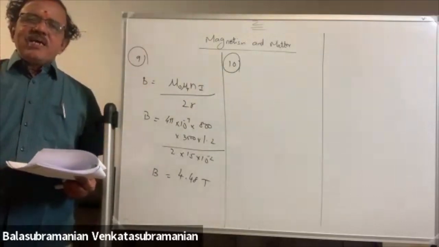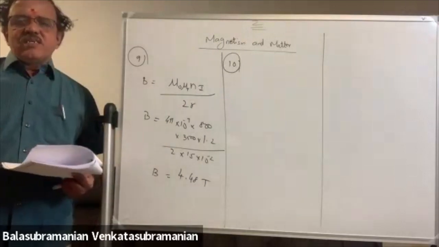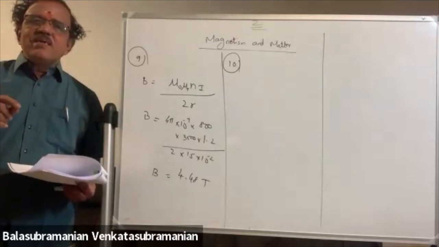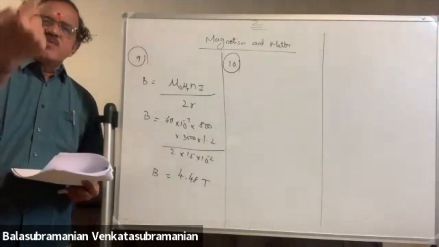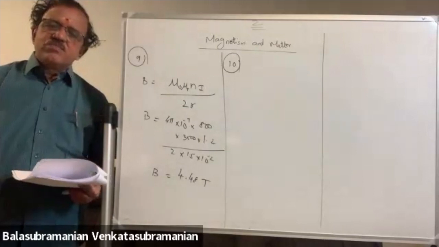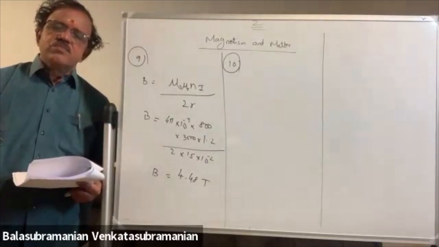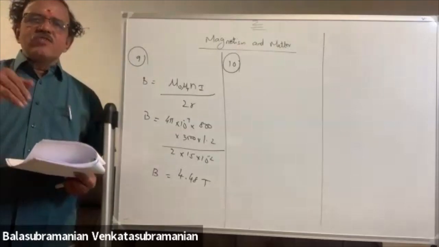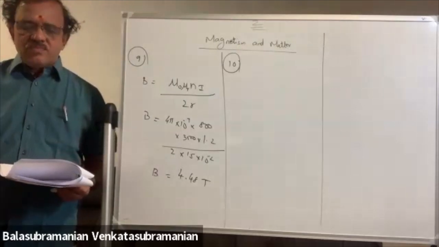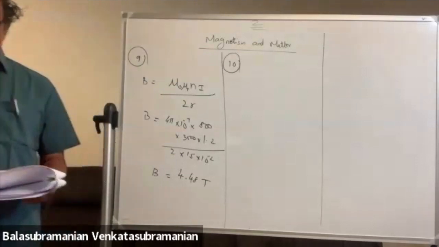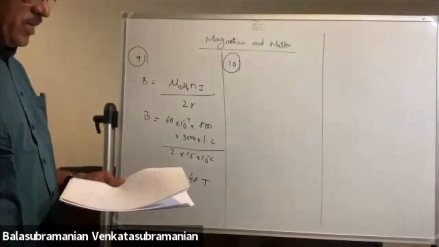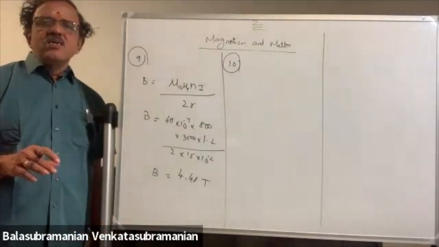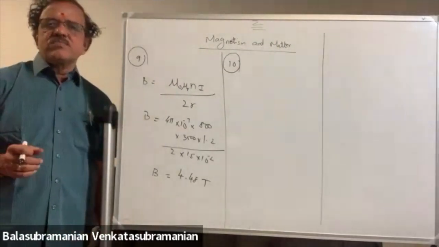When the particle enters a magnetic field having some velocity, the work done by the field is zero. It experiences a circular path, so circular path means automatically centripetal force will come into the picture. So we are equating mv square by r with BQV.